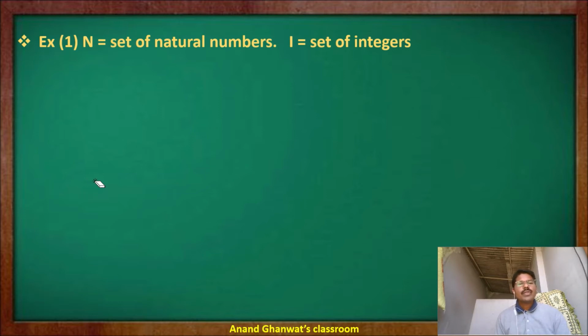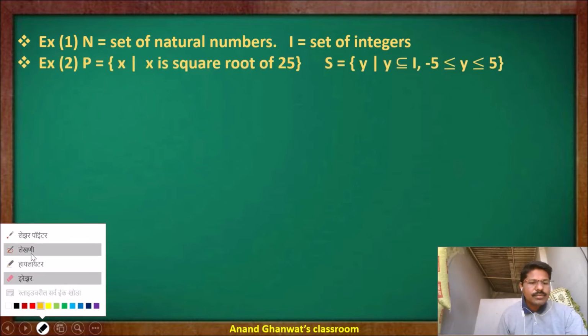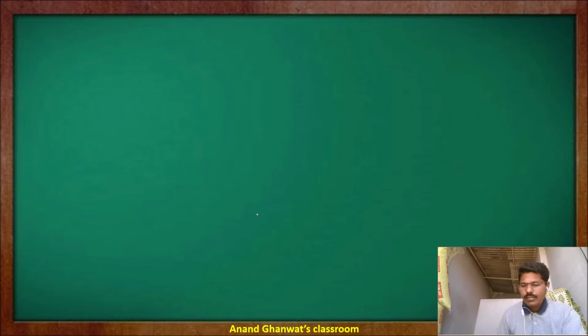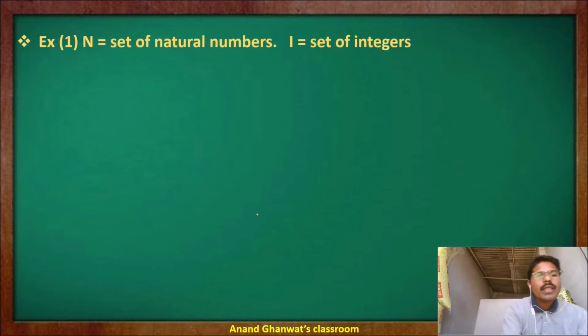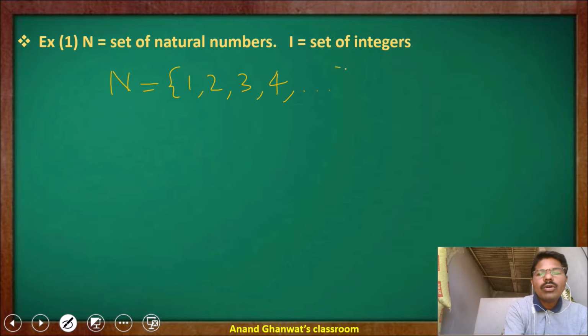Now let us write the set which is a natural set. N is equal to 1, 2, 3, 4 and so on.